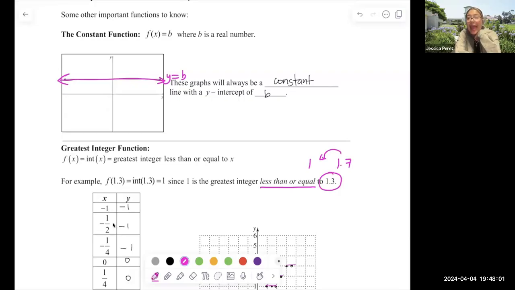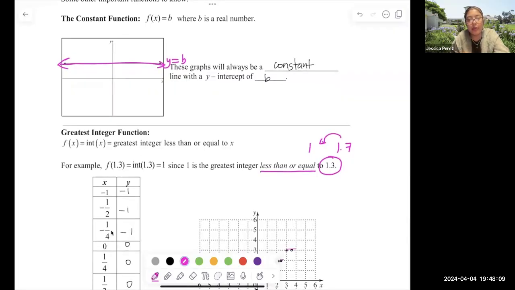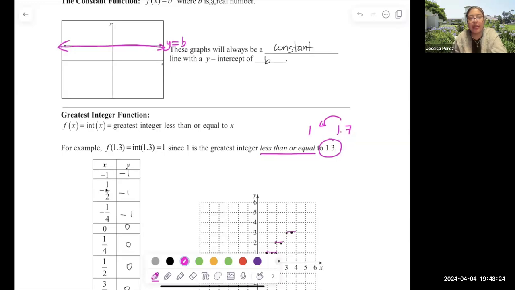If you're -0.5, you're -1, because it's less than the original value. -1 is less than -1/4. These all have the same y value. So the integer value for -0.5 is -1, and for -1/4 it's also -1. So you always go less than that.